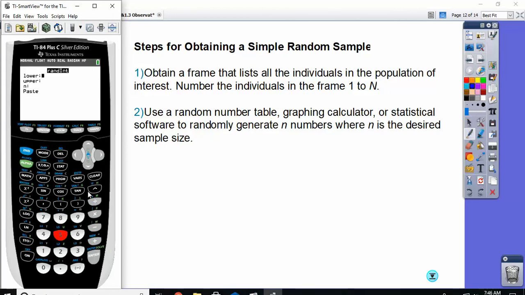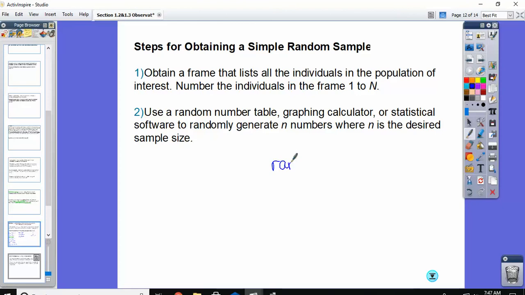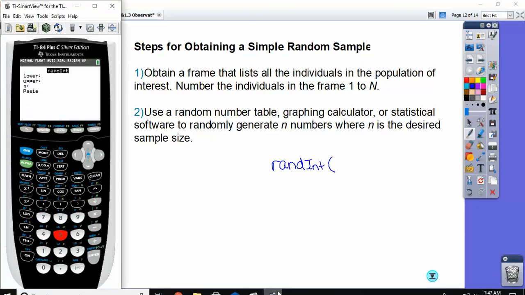At least I know when I'm looking at mine, it comes up a little bit differently. Okay, I know on the graphing calculators in my classroom, once I hit random integer, it looks like this. I am not sure which one the app on your Chromebook looks like, but we can do it the same.